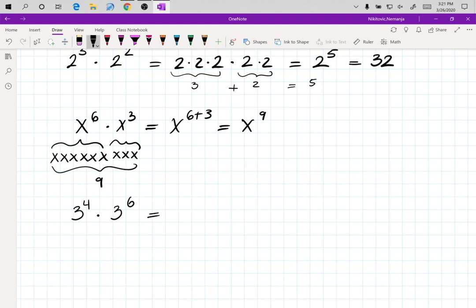How much is 3 to the 4th times 3 to the 6th? Give me the exponent form. Excellent. 3 to the 10. I'm not going to multiply 10 threes. I don't care what the number is. I just want to know that it's 3 to the 10. That's perfect. It's exactly what I needed.